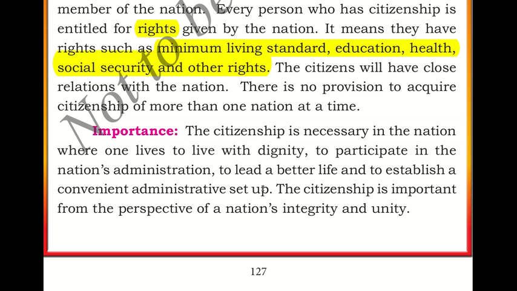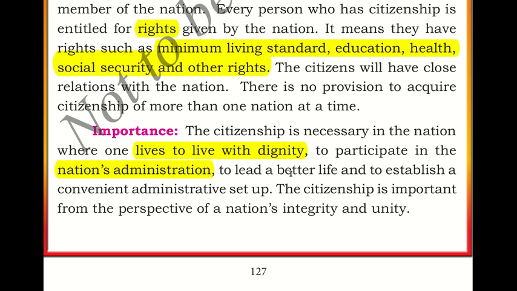So these rights will give a citizen the right to live with dignity, to participate in the nation's administration. So we know that India is the world's largest democracy. In India, the citizens have the right to choose their administration. In order for you to participate in the elections of India, you need to be a citizen of India and you need to be of legal age. So, citizenship is essential for you to participate in the nation's administration.